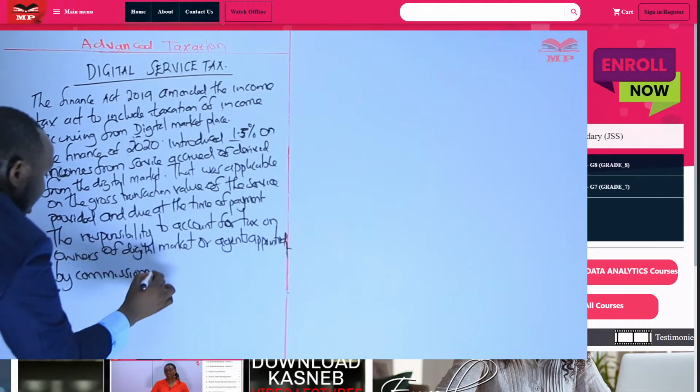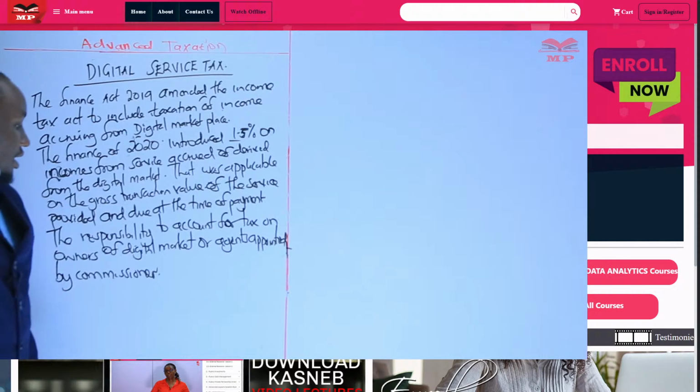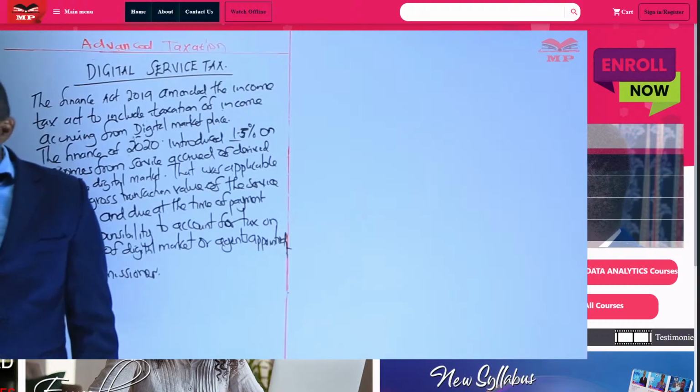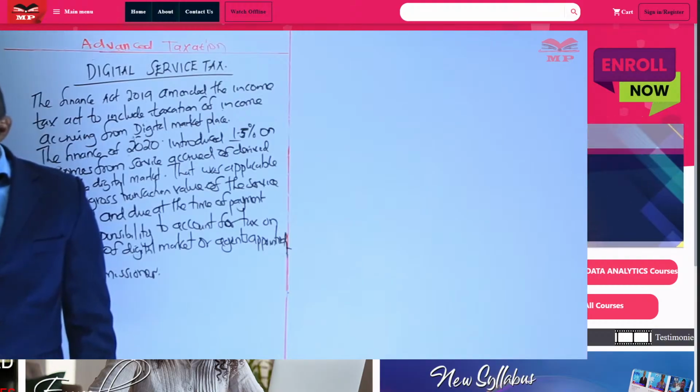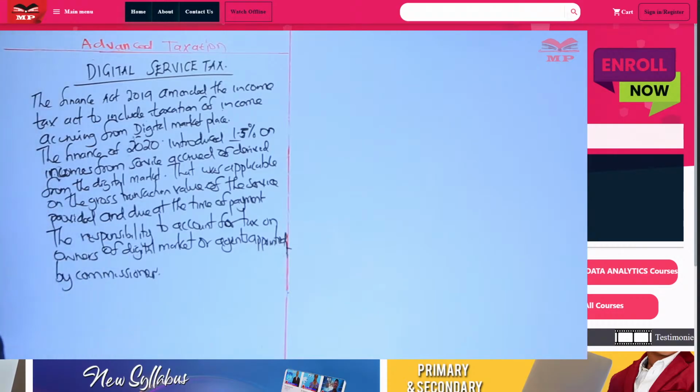The responsibility to account for tax was on the owners of the digital marketplace or the agent that is appointed by the commissioner.